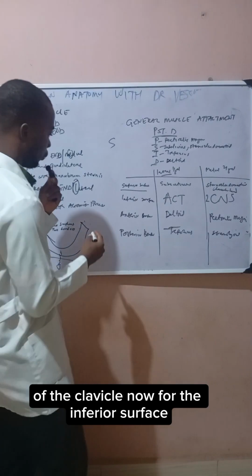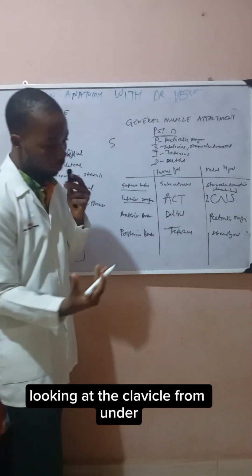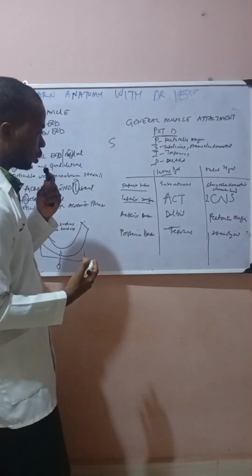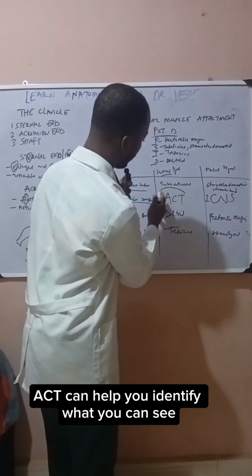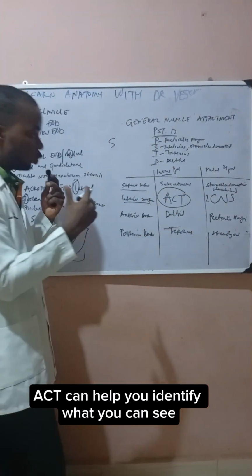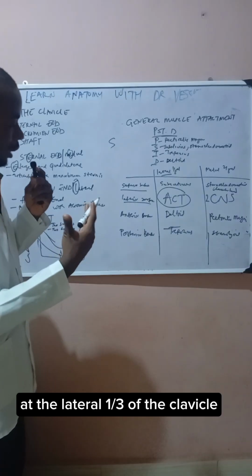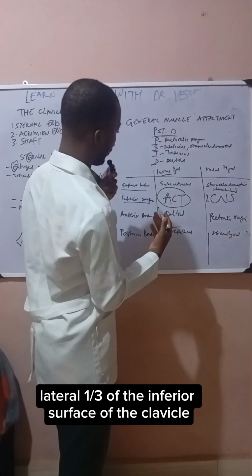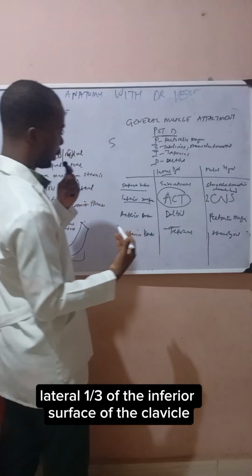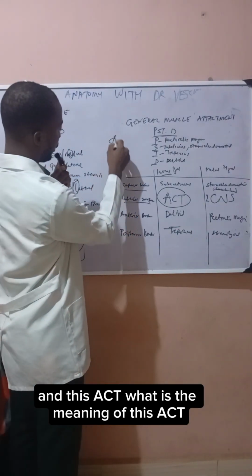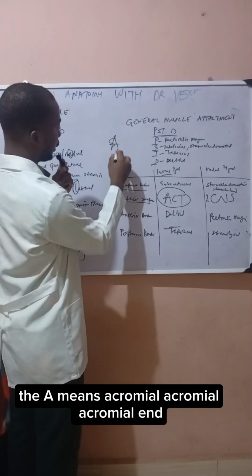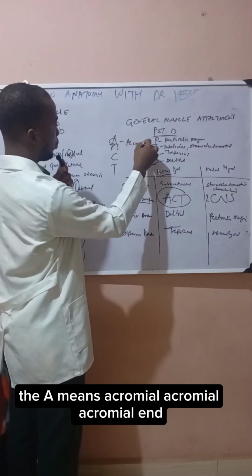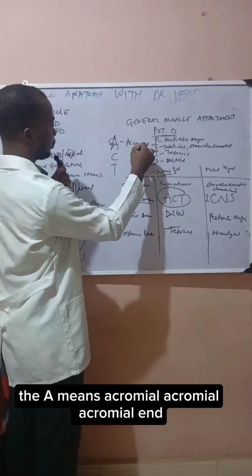Now for the inferior surface, looking at the clavicle from under, when you go to the lateral 1/3, the mnemonic ACT can help you identify what you can see at the lateral 1/3 of the inferior surface of the clavicle. What is the meaning of this ACT?